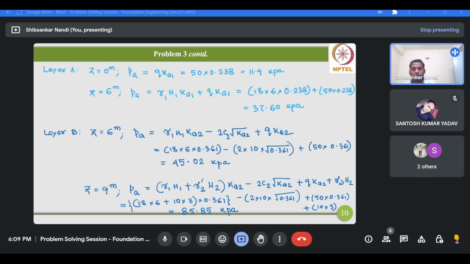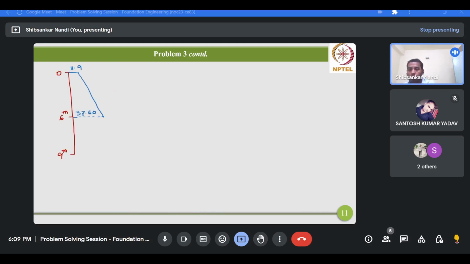Then at the same interface, however, for layer B, we are having a slightly greater value, 45.02, and finally 85.85. Okay, so this distribution you can represent in a different fashion.